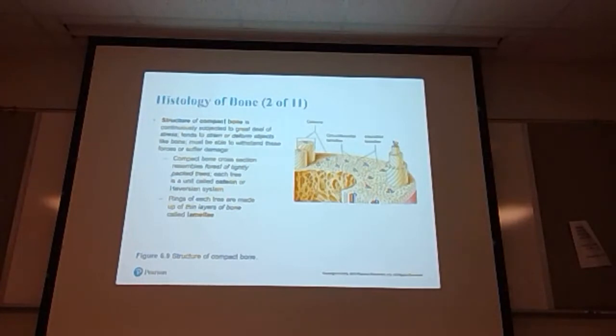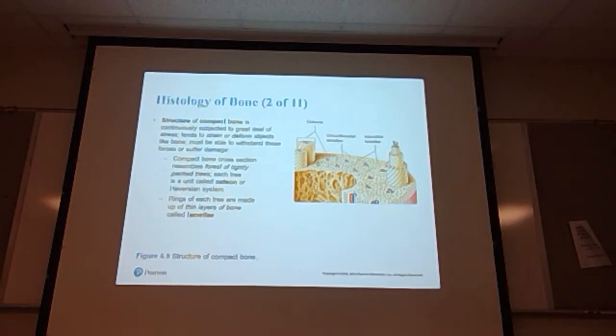The compact bone cross-section resembles a forest of tightly packed trees. So if you want to, each one of these little circular structures called an osteon, if you wanted to use the analogy that each one of those was a tree growing in a forest, each tree is a unit called an osteon or a Haversian system.